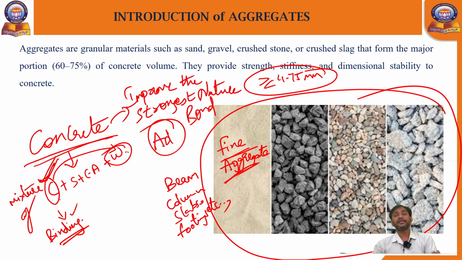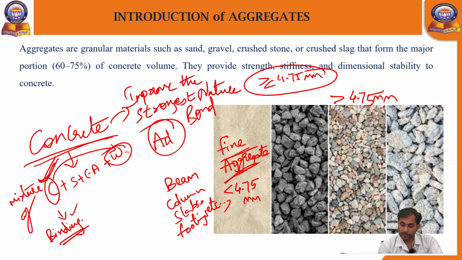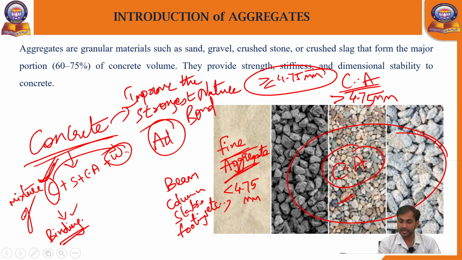What is the coarse aggregate size? It is more than 4.75 mm. These are the coarse aggregate particles. All these particles are more than 4.75 mm. The strongest bonding nature is provided by the coarse aggregates.